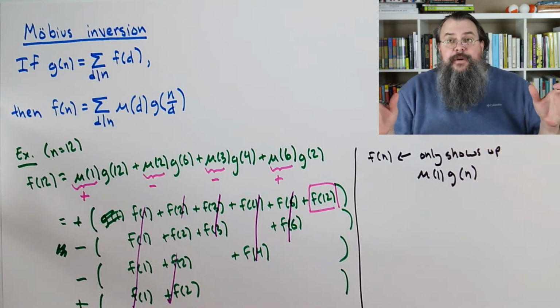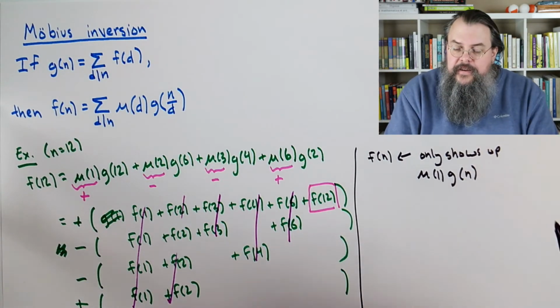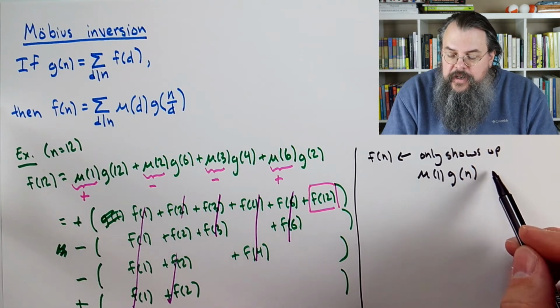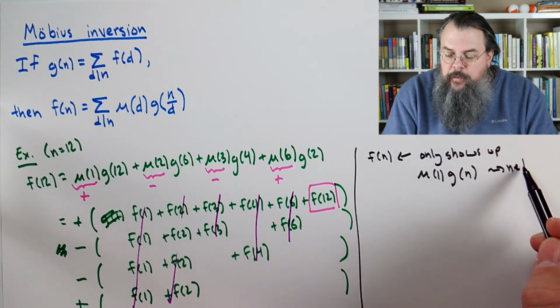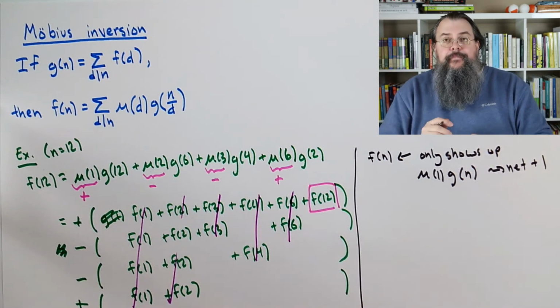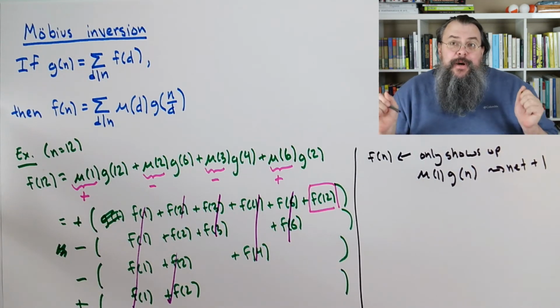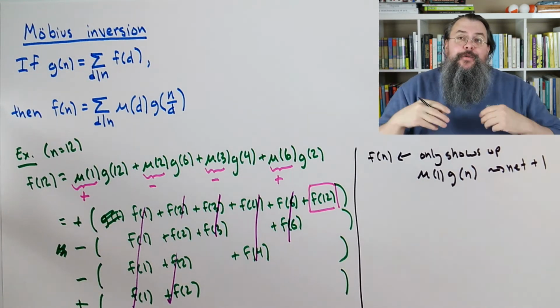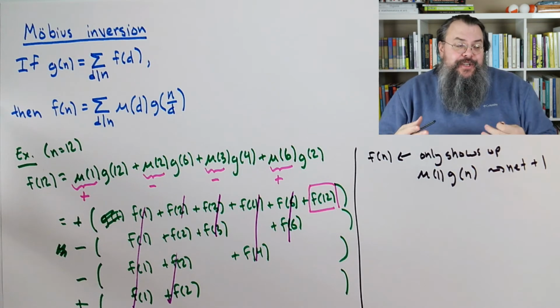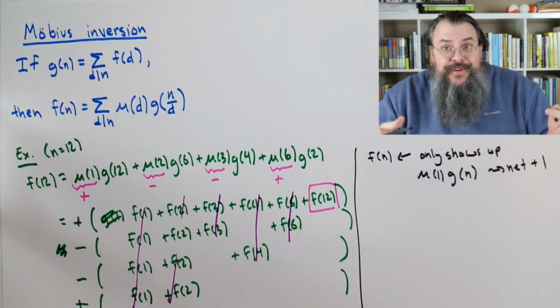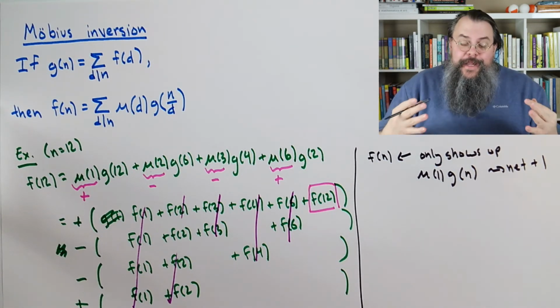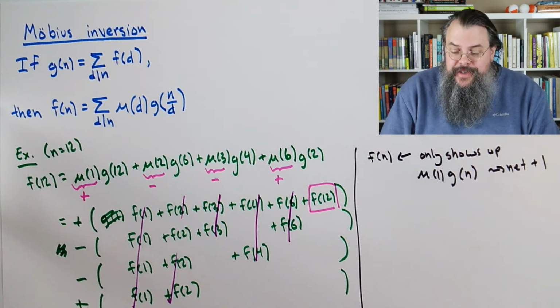That's the only place it shows up. And so the net contribution is plus 1. Okay, but what if I'm not f of n? What I want to show is what's the net contribution? Well, it should be 0 if what I claim is actually true.